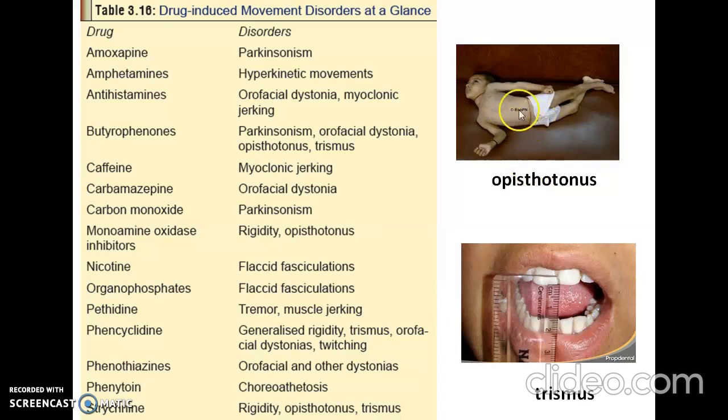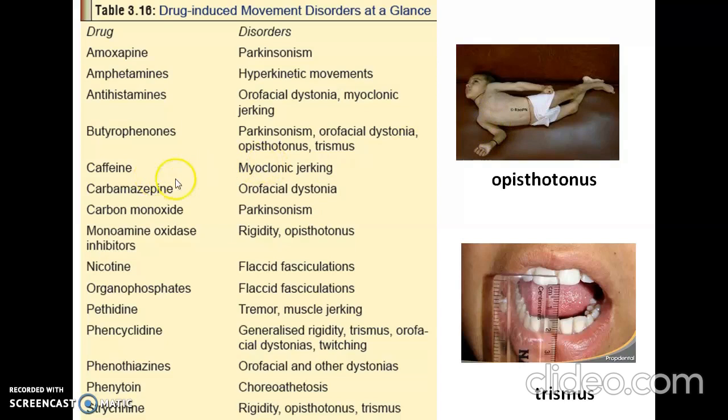This is a diagram which represents opisthotonus, where we can observe backward movement of the neck because of contraction of the body.